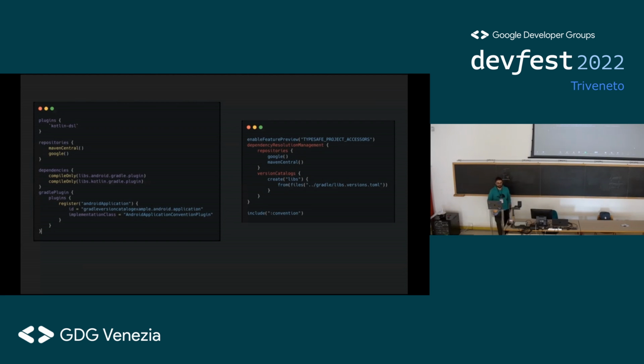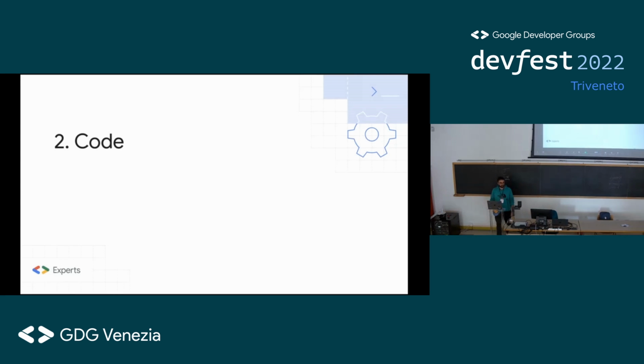On the left-hand side, it's build Gradle, and we just add the Gradle plugin block where we define the name of it, what main implementation class it holds, and what ID we need to assign. This ID is a plugin ID, which can be reused later, like android.application or something like this. And on the right-hand side, we just need to include the convention build, like any other project, and that's it. Okay, show me the code.